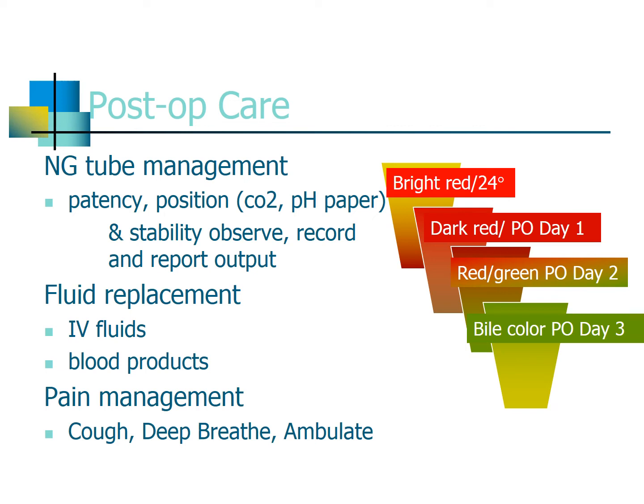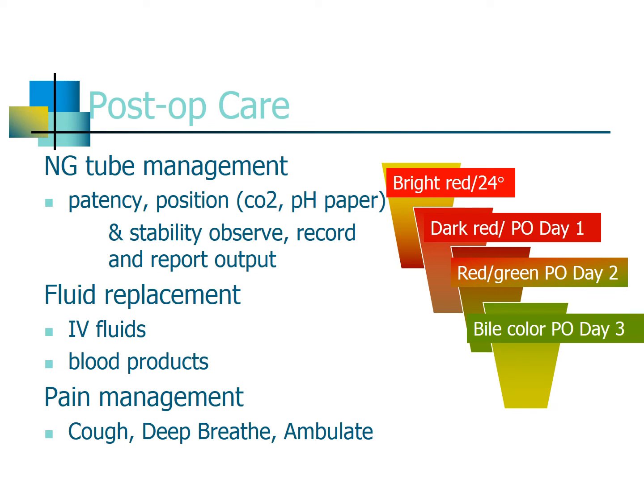So bright red the first 24 hours, dark red post-op day 1, red-green post-op day 2, and looks like bile day 3. All right? So it's expected to see bright red post-op. So we want to replace the fluid or the blood product that they've lost, and we're going to manage their pain.